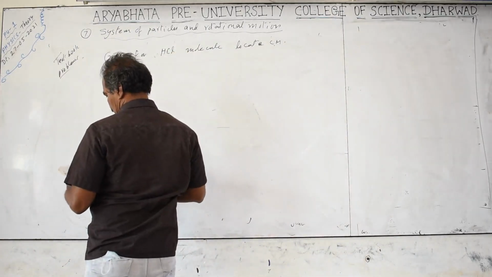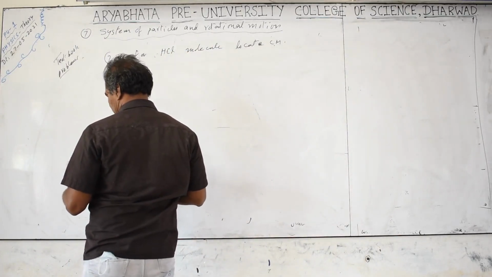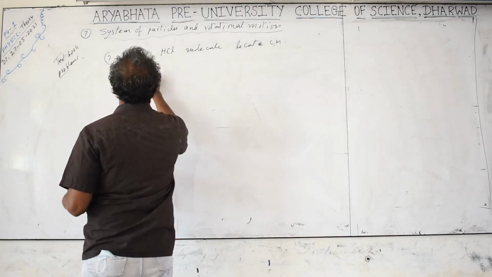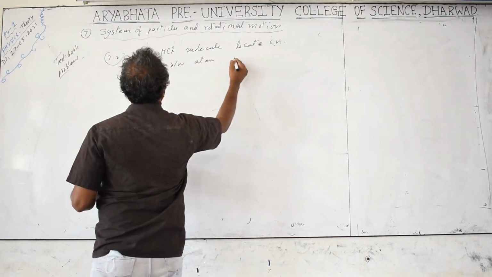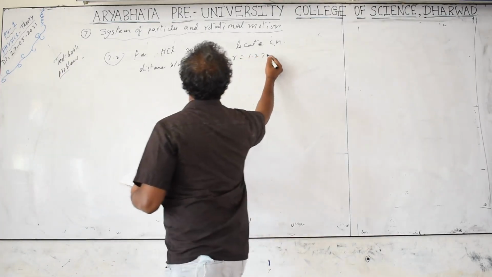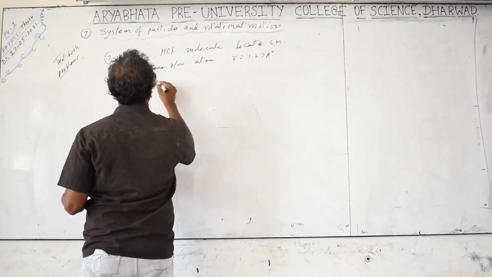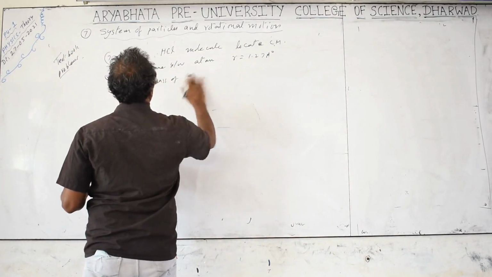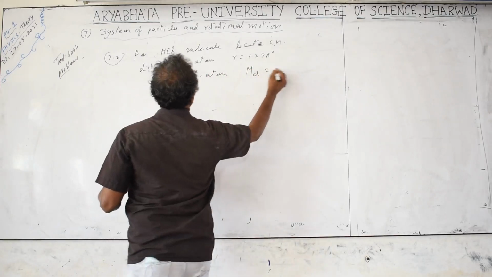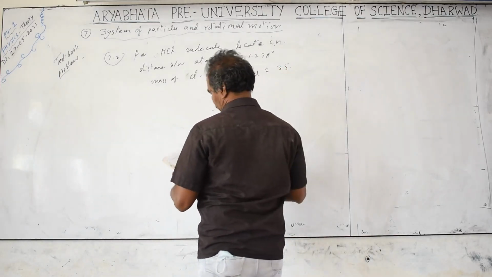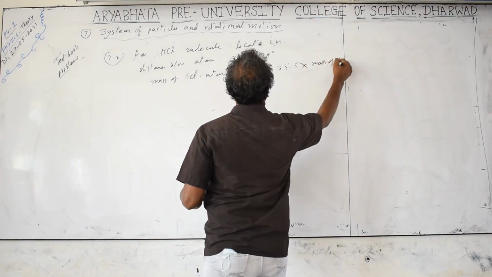The distance between the atoms, that means the molecular length, is 1.27 angstroms, and also given that the mass of the chlorine atom is 35.5 times the mass of the hydrogen atom.